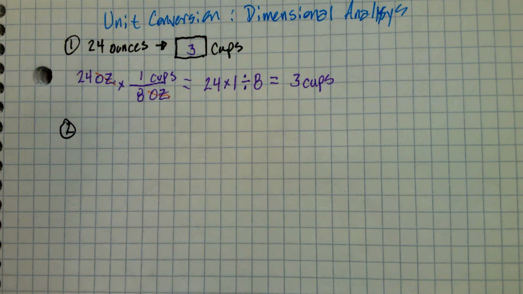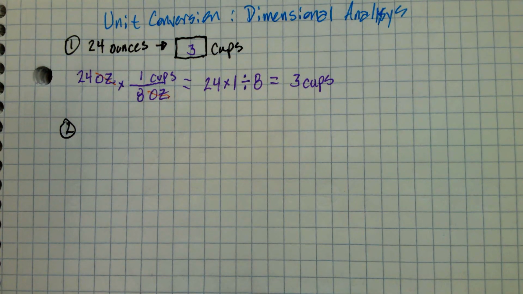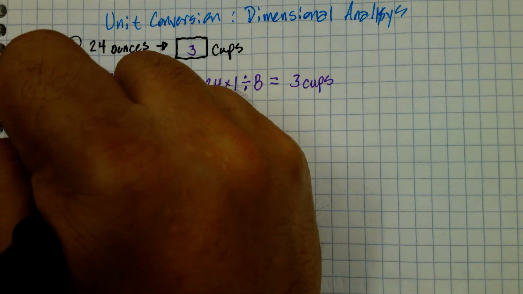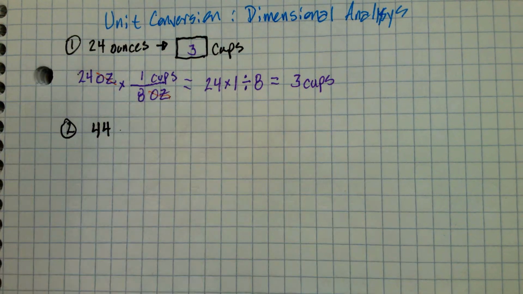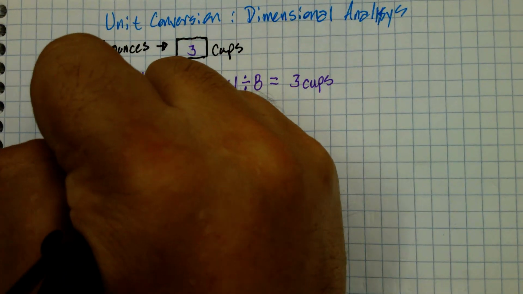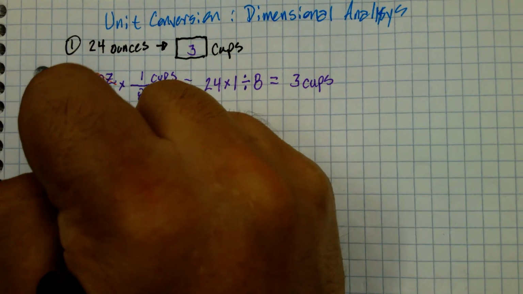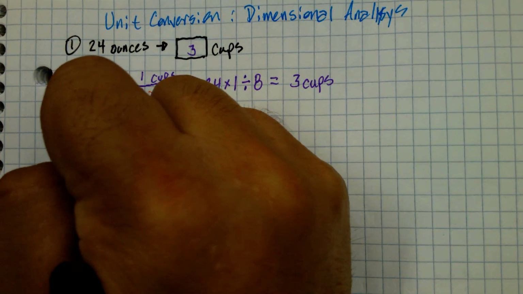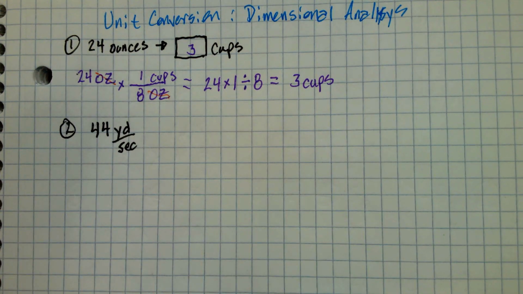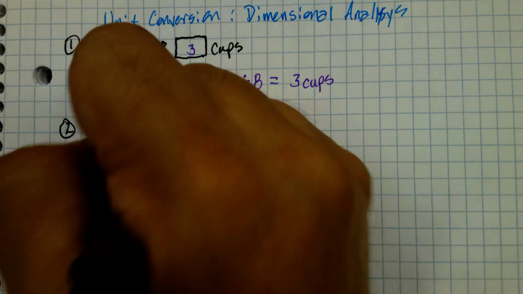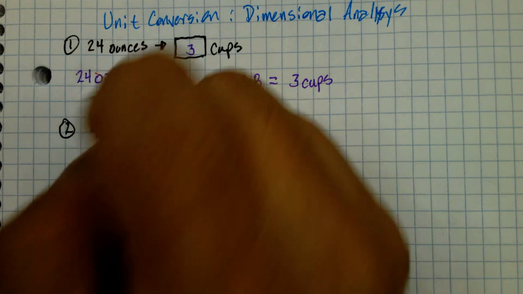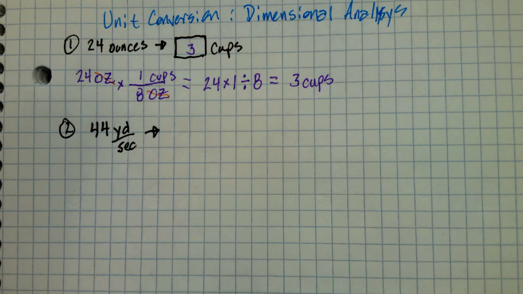Okay, let's move on to something a little more substantial. Number 2. So we're going to encounter stuff like this. Let's say we have 44 yards per second. And we want to convert that to however many miles per hour.